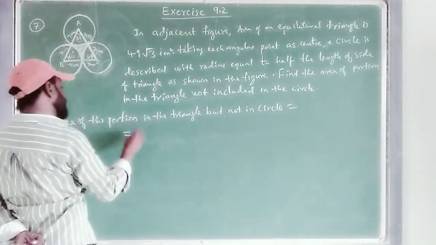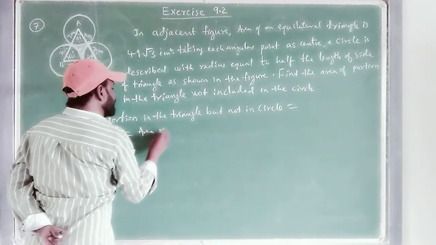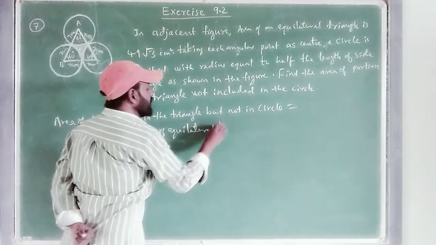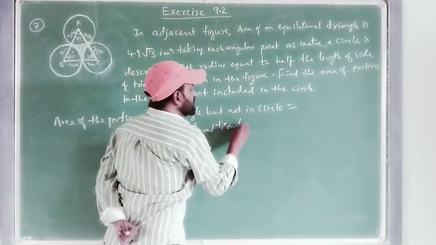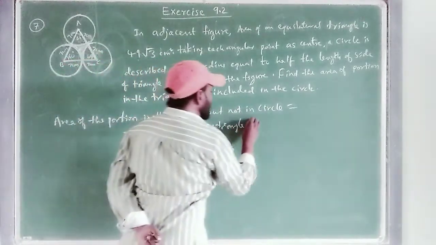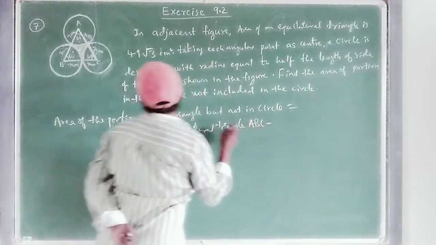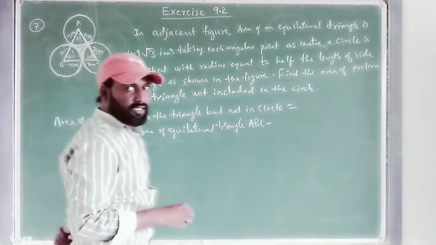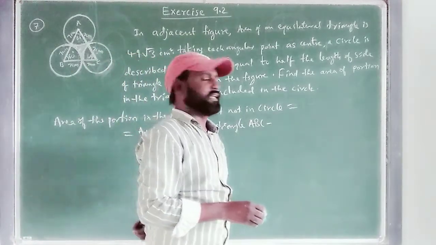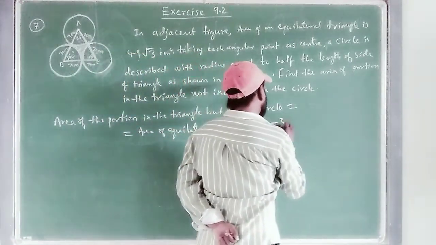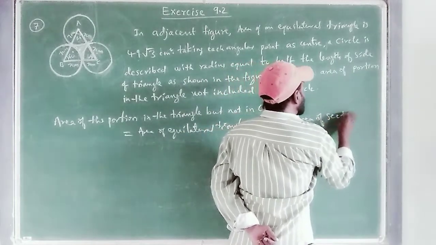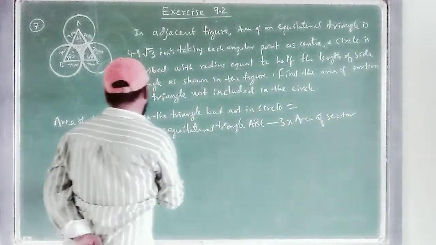Area of the triangle, the equilateral triangle ABC, minus 3 sectors, 1, 2, 3. Each sector consists of an angle of what? 60 degrees. So 3 sectors are there, so 3 into the area of a sector. Let us do the simplification.